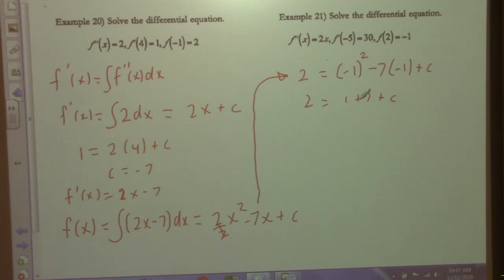So that's 8, subtract 8, so c is equal to negative 6. Does that look right? So now we know that f of x is equal to this general solution here, x squared minus 7x minus 6. Okay, is that very hard? That's not hard, is it?